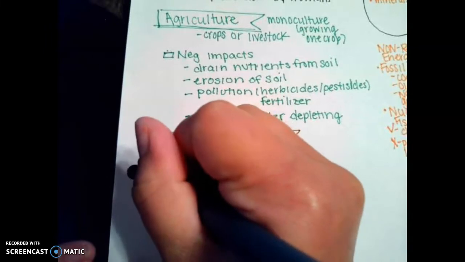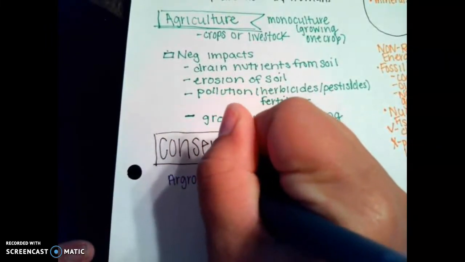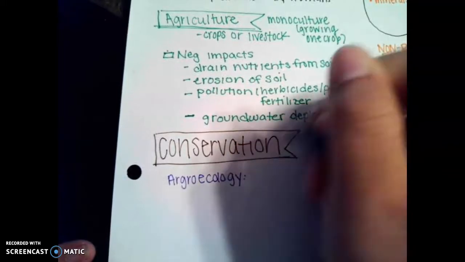Agroecology is basically treating your farm more like an ecosystem.